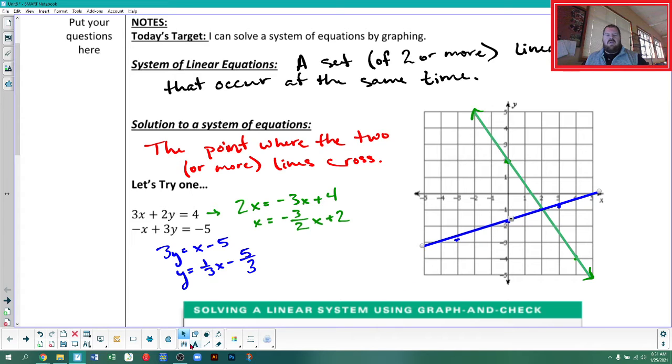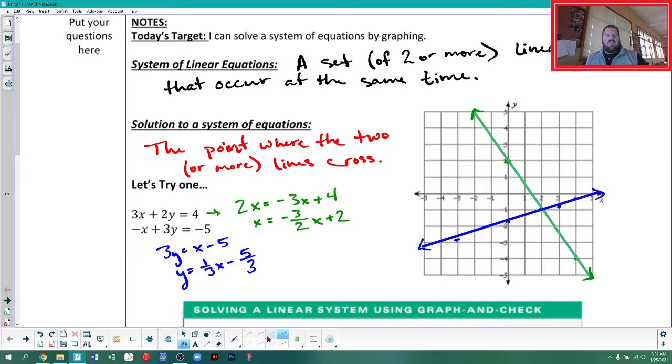Okay, but we have our two lines now, and as I said, the solution is going to be where these two lines cross. Now, instinctively, when we're dealing with graphing, there is a little bit of estimation that's happening. I don't know if this true integer grid point is where these two lines cross, but it really looks like it.